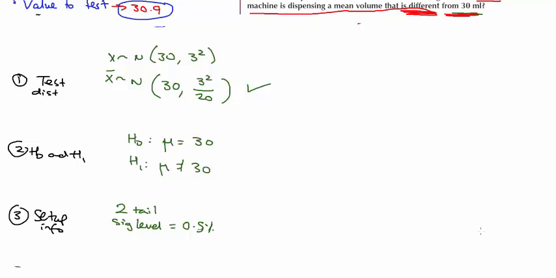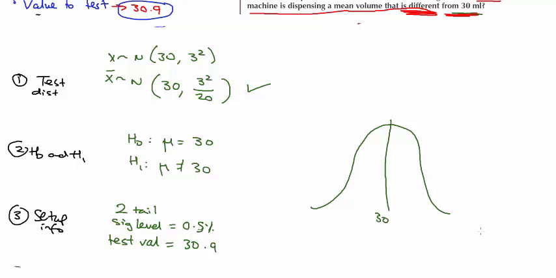Okay, 0.5%. And your test value is 30.9. So let's have a look. We know 30 is down here. Our significance levels are on both sides, and these are both 0.5%, which represents the value 0.005. Now 30.9 is either going to land outside the critical region, or it's going to land inside there.